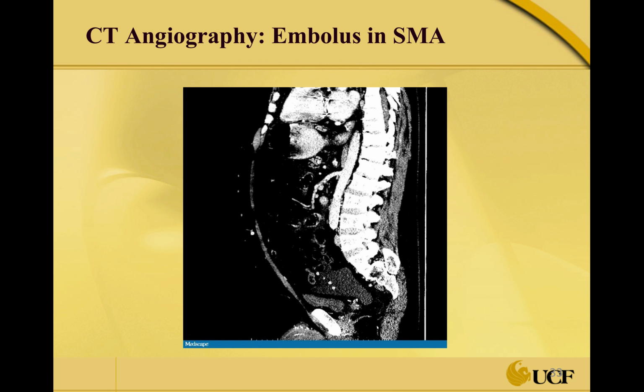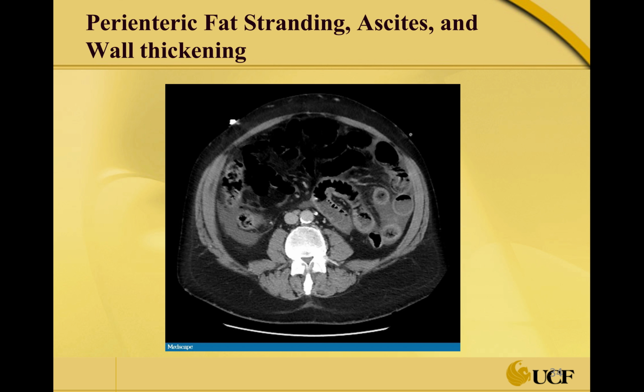So this is another view on the sagittal plane of the CT scan, and we continue examining the radiographic evidence showing here that we have mesenteric fat stranding, ascites, which is depicted by all this.